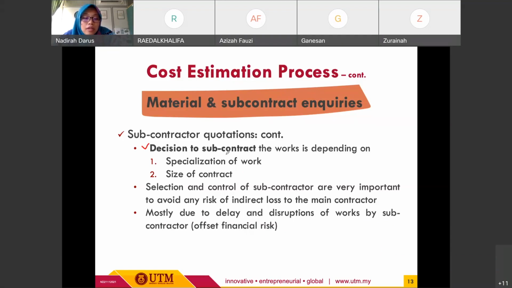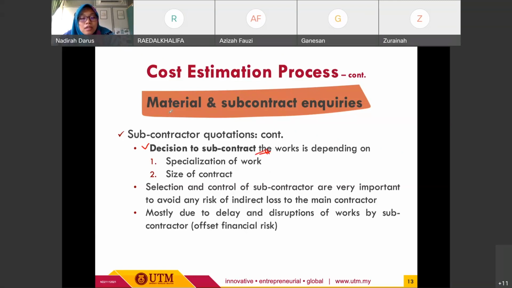How the main contractor decides to subcontract the works usually depends on the specialization and also the type of contract. These are the two main factors that the main contractor considers before they decide to subcontract the works.